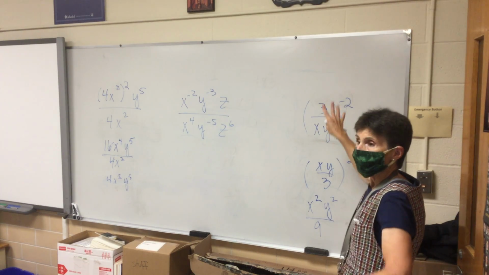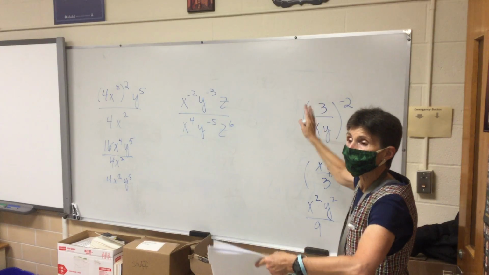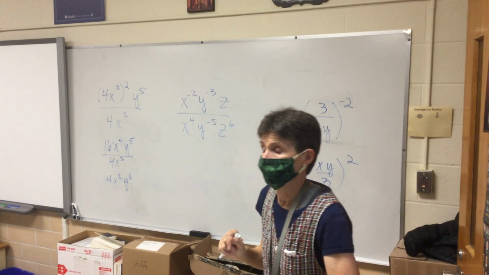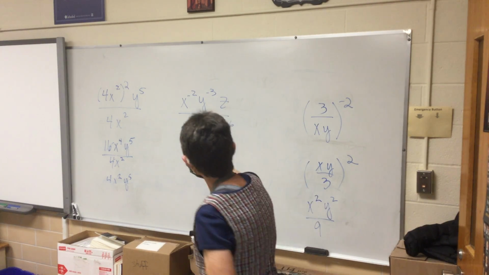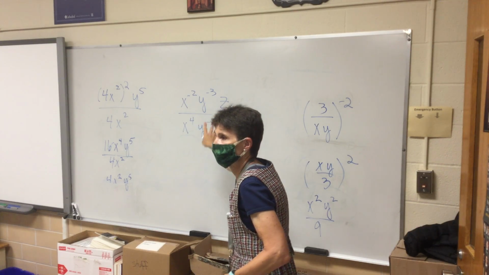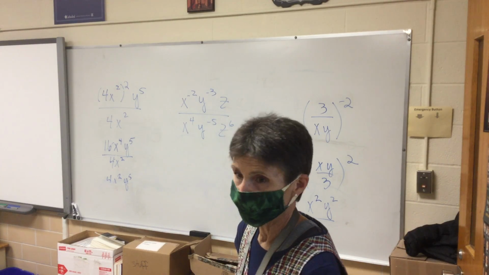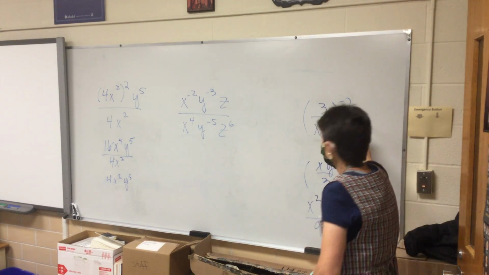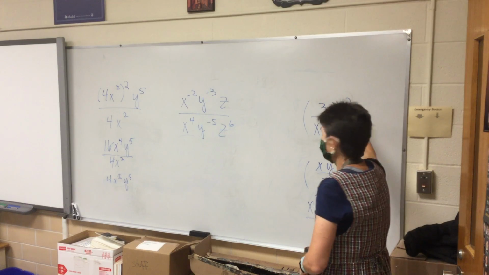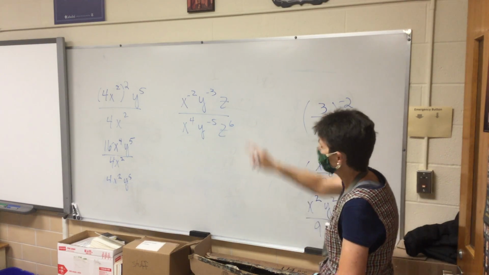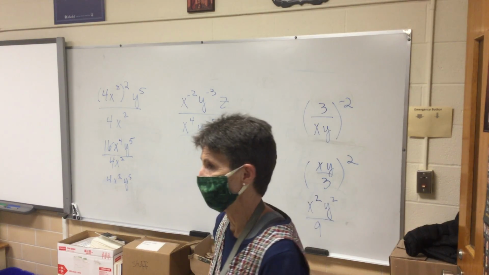This one, the whole shebang was to a negative power. Here, just bits and pieces of it are to a negative power. So I'm not going to flip the whole thing. I only flip the whole thing if the whole thing has the negative. What do I do when only pieces of it are negative?